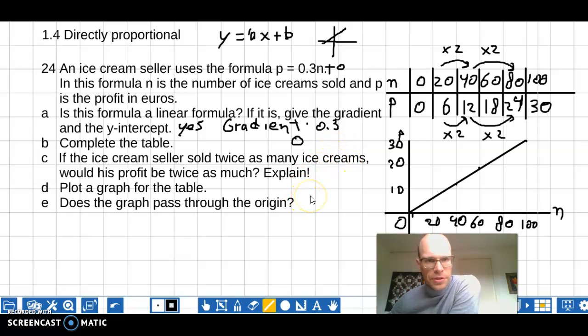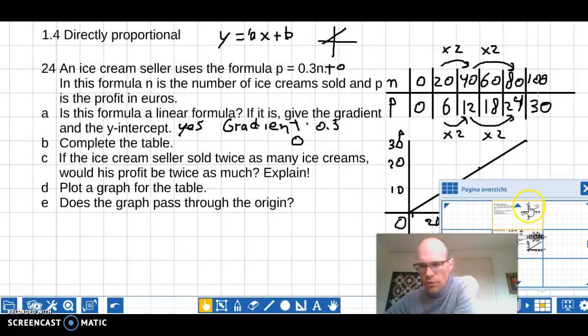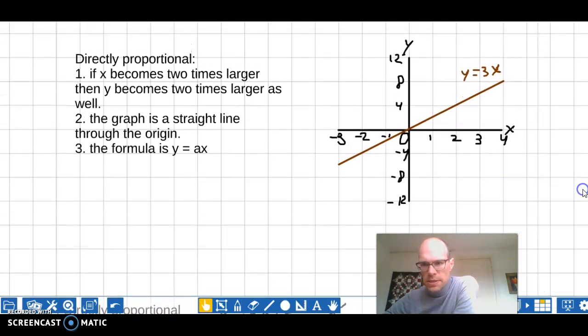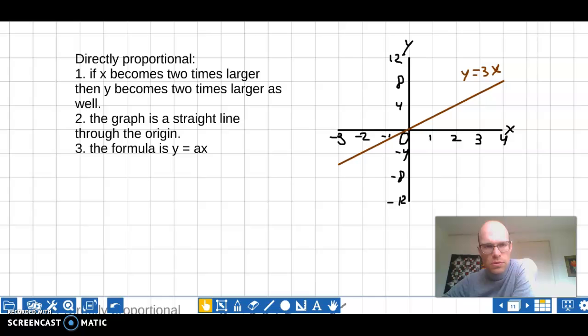This is what we are talking about with directly proportional. That is a straight line through the origin, and if you multiply one part of the table, then the other part needs to be multiplied by the same number as well, and the formula is always y is ax. This is basically your note on what you need to learn of directly proportional.